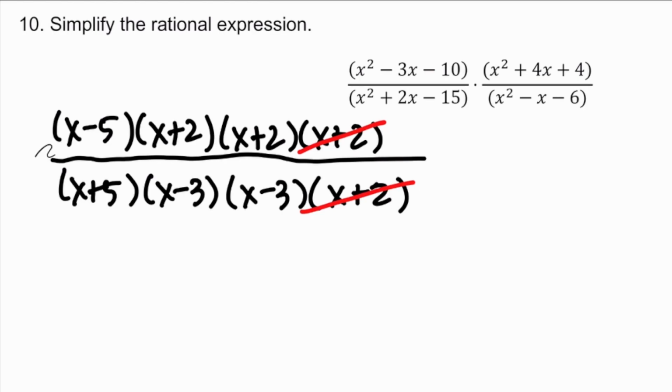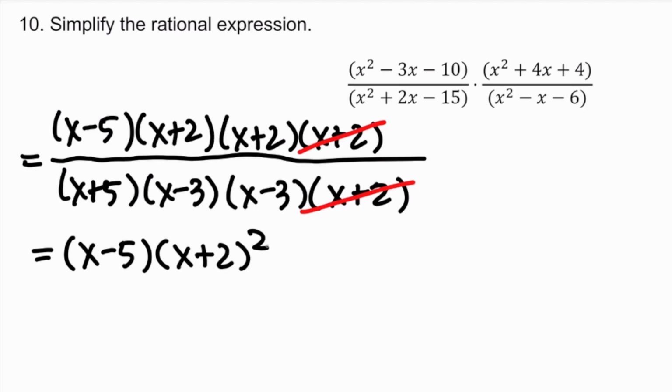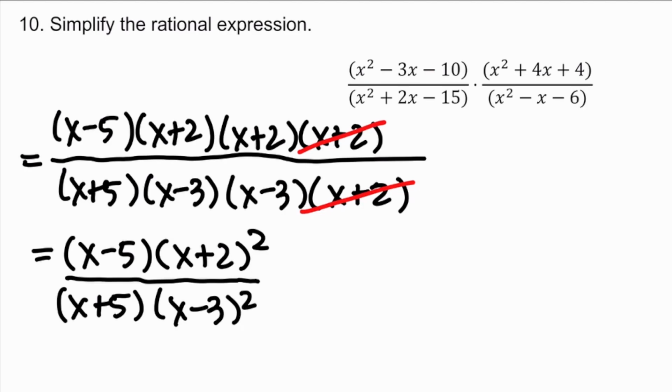And, okay, this would simplify down to x minus 5 multiplied by x plus 2 over x plus 5. Maybe I copied a negative wrong. You know, like if that had just become a negative, then no. I feel like there's something off with this problem. But then x minus 3, but I'm just going to work this one as I'm seeing it.